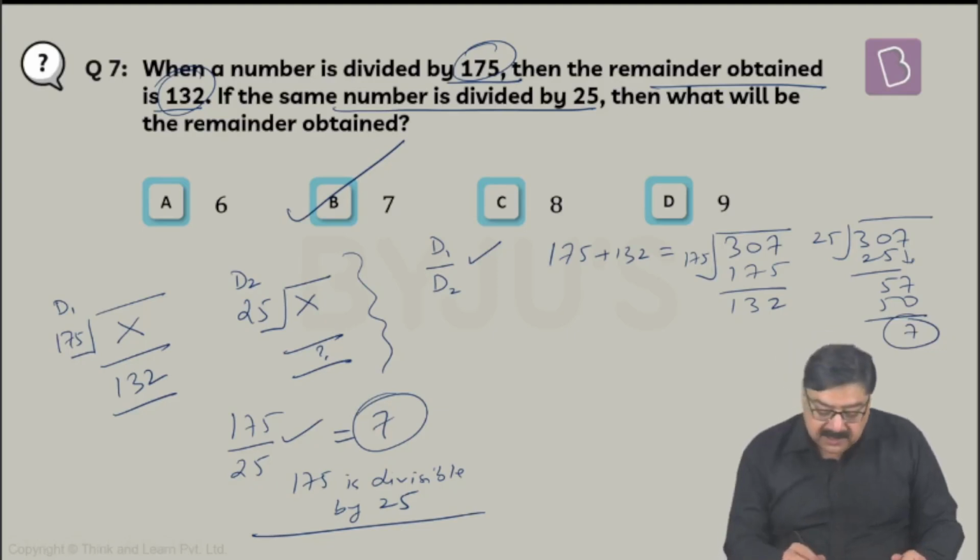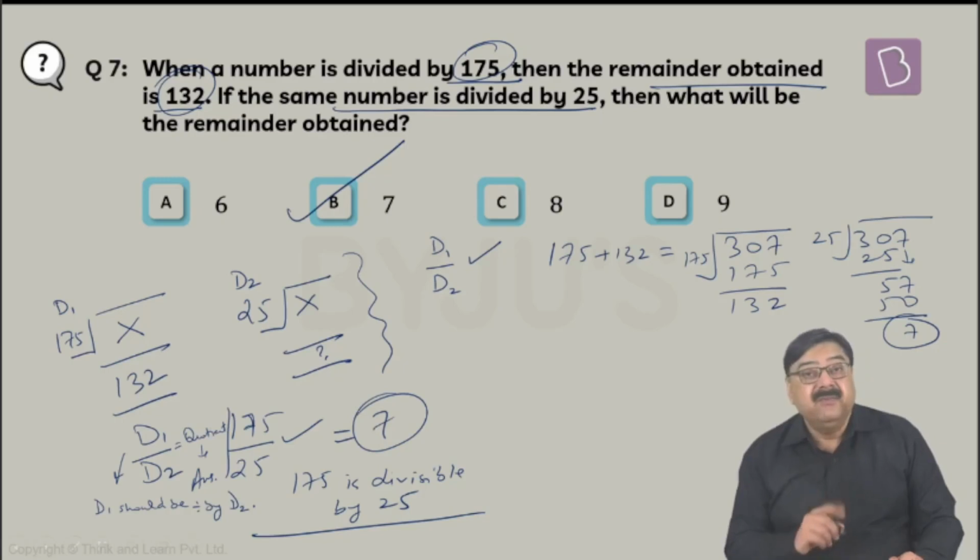So the process is that the first divisor should be divided by the second divisor. Then the quotient obtained is the answer. But the point here is D1 or first divisor should be divisible by the second divisor. Very important thing.